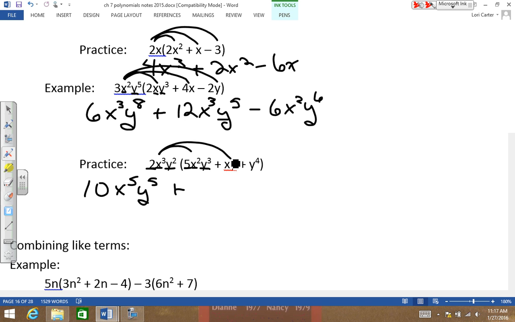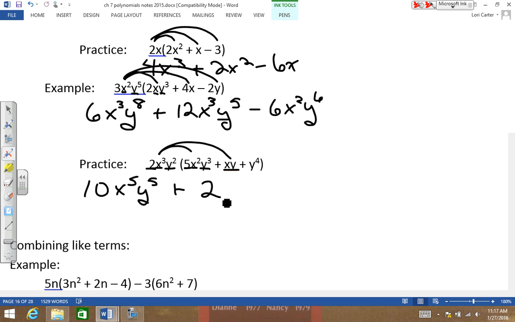Well, let's start with the numbers. I am taking this times this. What's 2 times 1? 2. You start with the numbers. Now do the x's. How many x's do you have? You have x cubed times x.